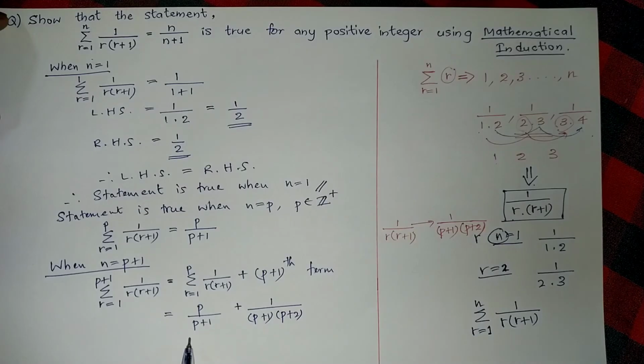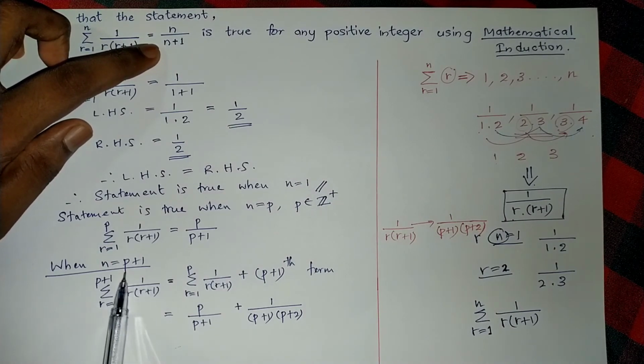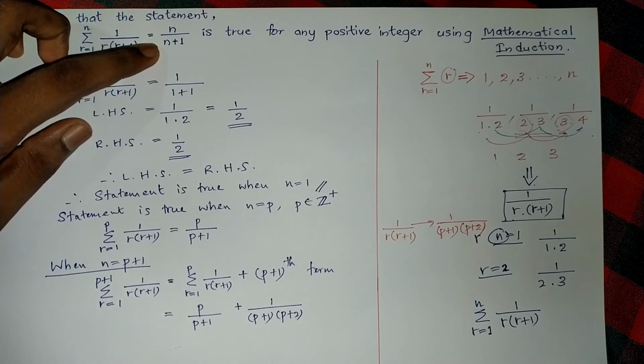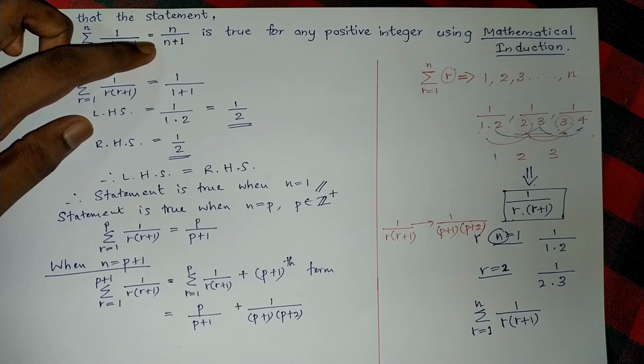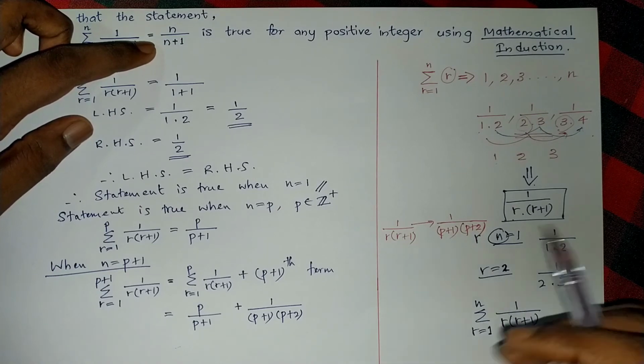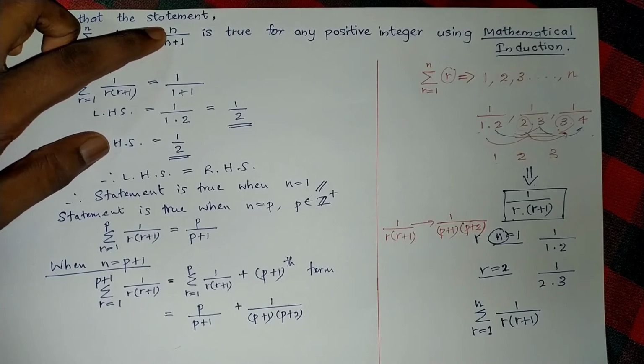Now we have to simplify this and get the new expression for this when n becomes p plus 1. So first, it's better if you write the result and target that result for this simplification. So what is the result we have to get? We have to substitute p plus 1 for this n.